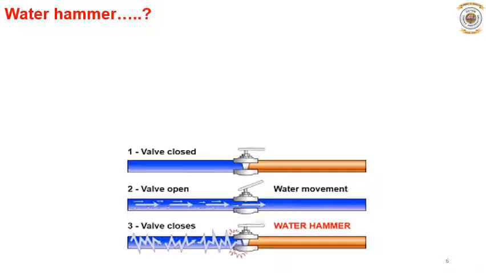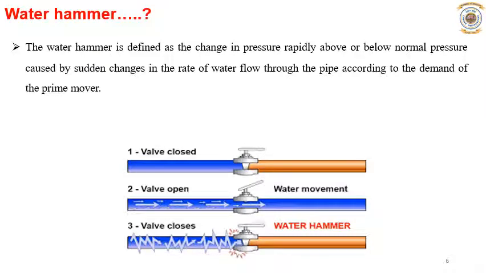This sketch explains water hammer. Water hammer is defined as the change in pressure rapidly above or below the normal pressure caused by sudden change in the rate of water flow through the pipe according to the demand of the prime mover.